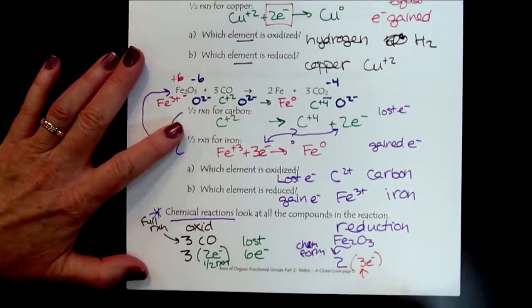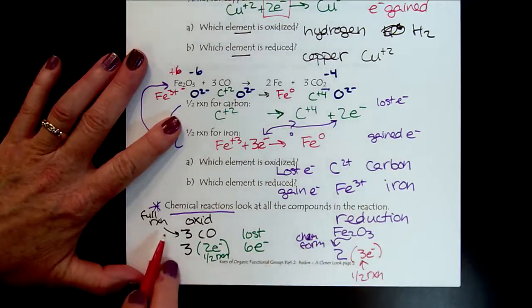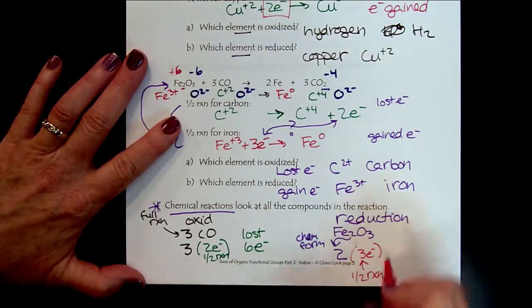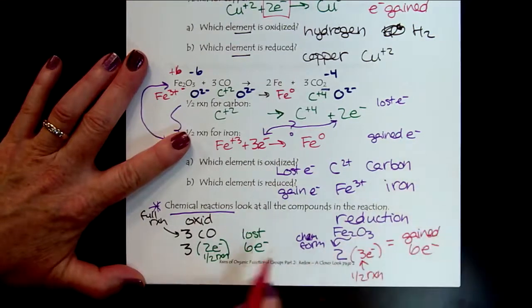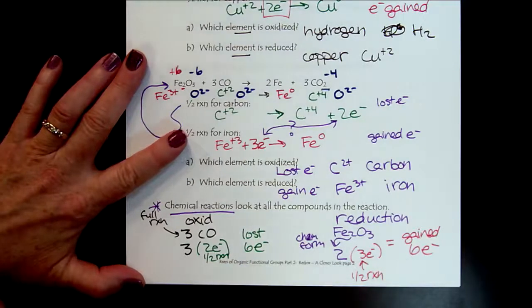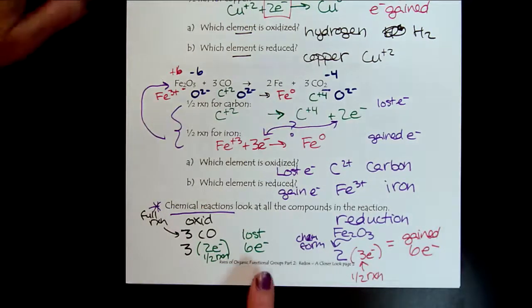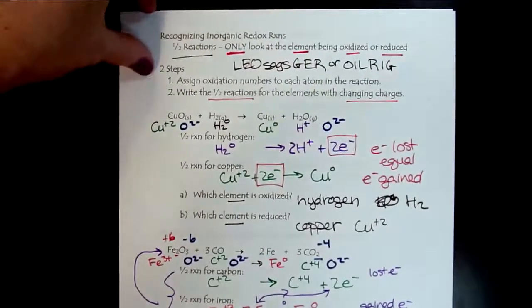So, make sure you guys can see this. There's our half reaction. We bring together the information from the full balanced reaction and the information from our half reaction. We see that 6 electrons were lost and 6 electrons were gained. So once again, electrons lost equaled electrons gained. Alrighty, so that's pretty much everything we need to know about inorganic oxidation and reduction.